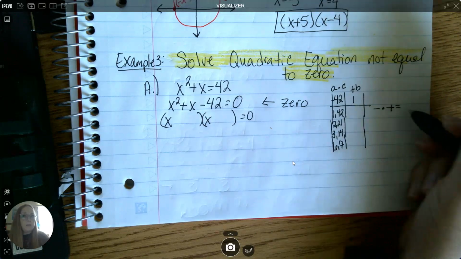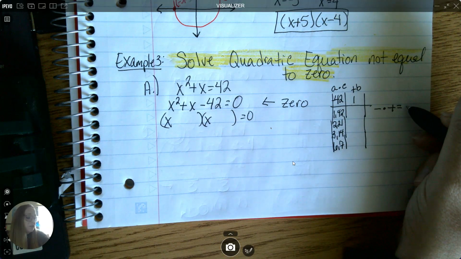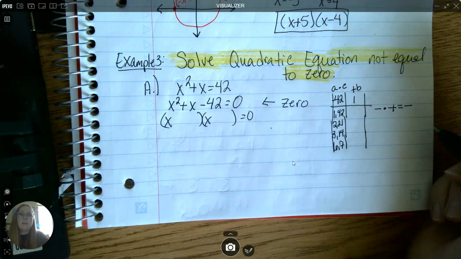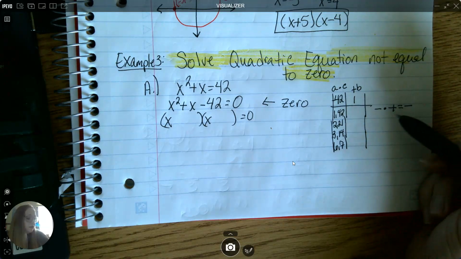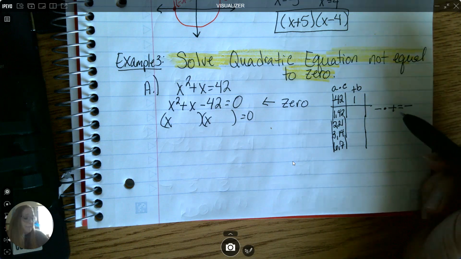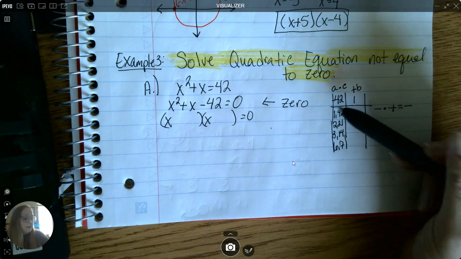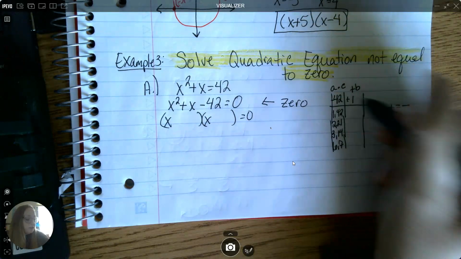So I always use my multiplication rules of integers first. That kind of helps weed out when it comes to adding and subtracting. I should say adding, combining like terms is what we're doing. All right, so I know that 1 should be negative and 1 should be positive to give me a -42, but I need a positive 1 here.